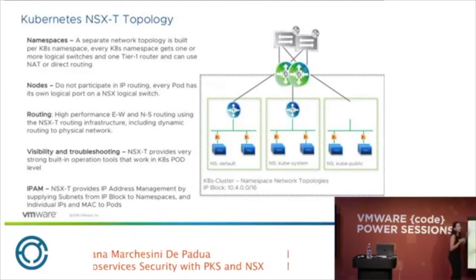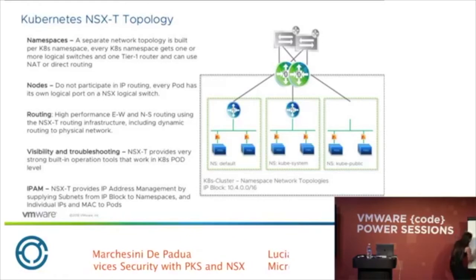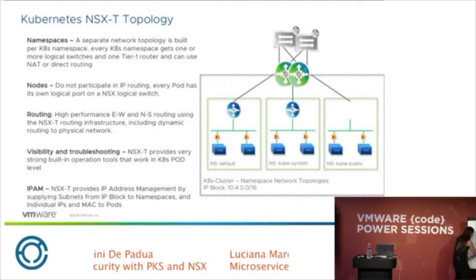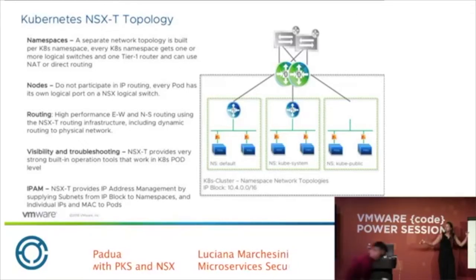If you think about PKS as an architecture framework, what we have is basically your underlay, and that's going to be your physical world, like your switching, your spine and leaf design. On top of that, we have our vSphere, and then vSAN. And then on top of this, I'm going to have NSX-T.